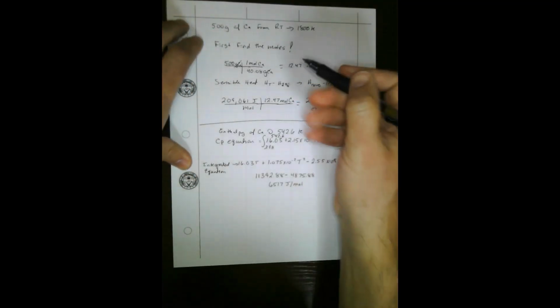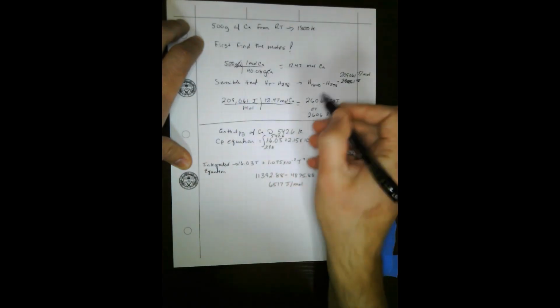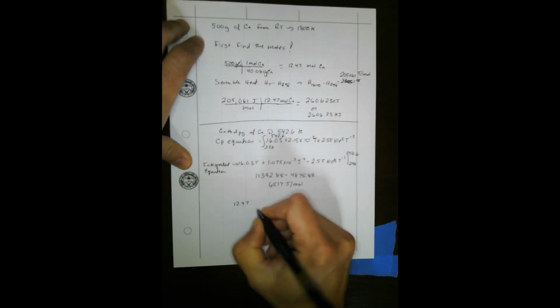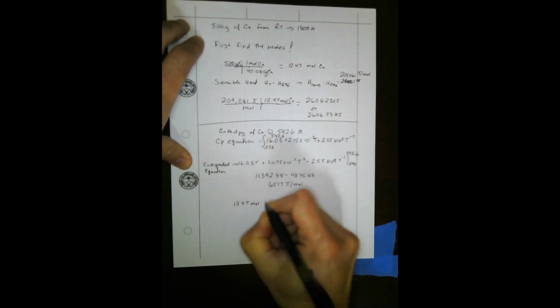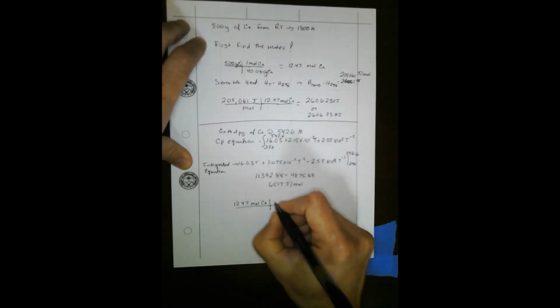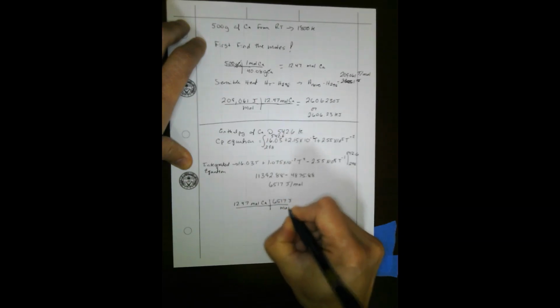If we want to go back to the other problem we worked out and say, what if we raised 500 grams to this? You could just take your grams, 12.47 moles of calcium, and multiply it again by 6517 joules per mole. Let's work that out.